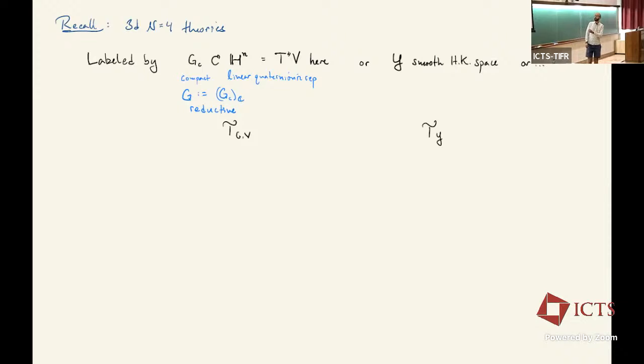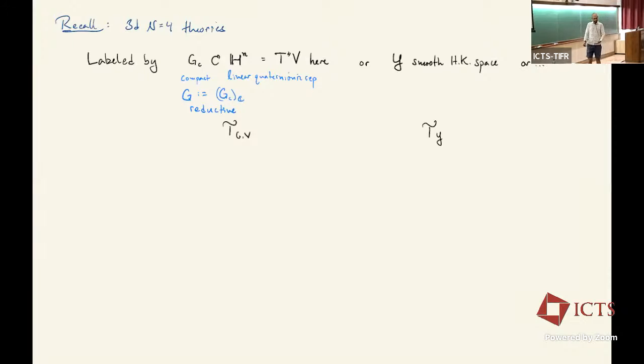And I'll always assume for things I'll say that the representation is of the form T*V, where V is a unitary representation. And for a lot of the algebraic statements, it's also useful to complexify the group. So G is going to be the complexified reductive group.